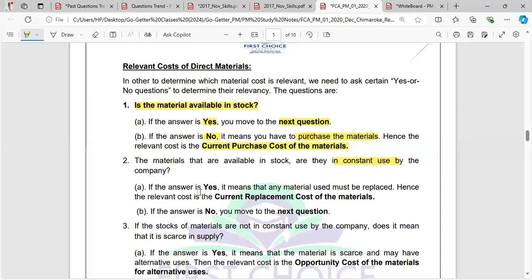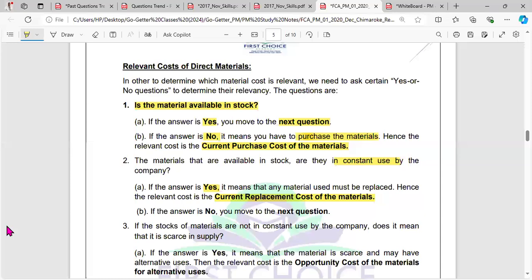So if you answer yes, what it means is that if you take it now, somebody else will need it and you need to replace it. And so the current replacement cost is relevant. Now, this replacement cost can be the same thing as purchase cost. But look at the name we are giving to them.